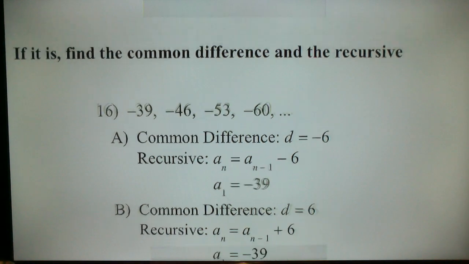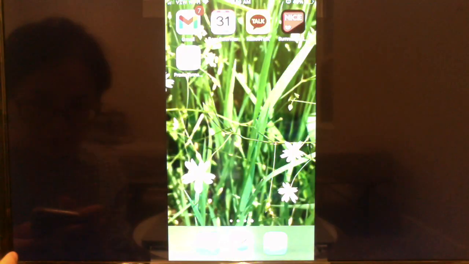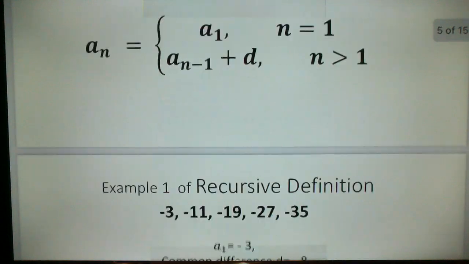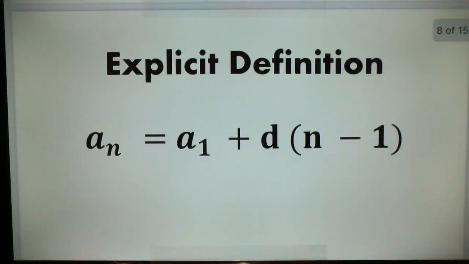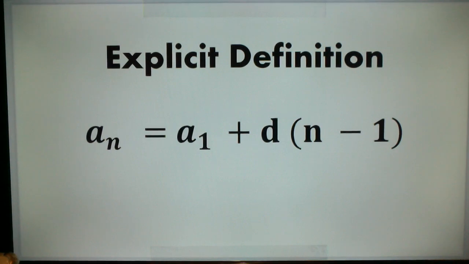We're just talking about all the same things. So I hope you understand. And the next one is, we'll go back to the explicit definition. With the recursive definition, you have to know what the previous term was and then add the common difference. For this one, you don't need to know your previous term.